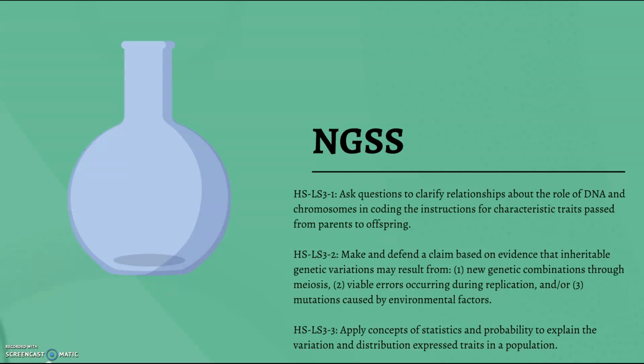It has students make and defend claims based on evidence that inheritable genetic variation may result from new genetic combinations through meiosis, viable errors occurring during replication, and mutations caused by environmental factors. We'll also have students apply concepts of statistics and probability to explain the variation and distribution of traits in a population.